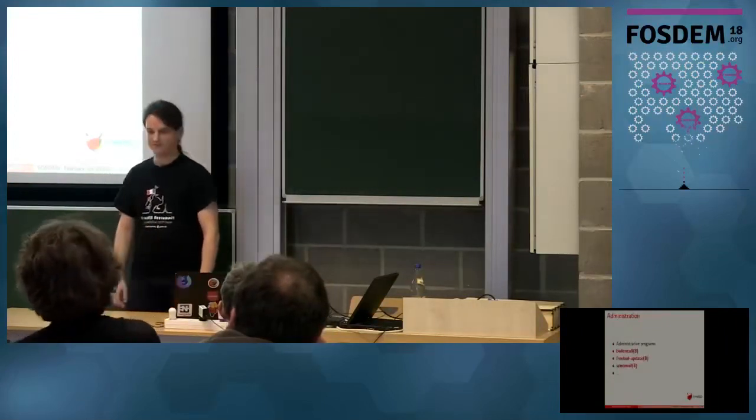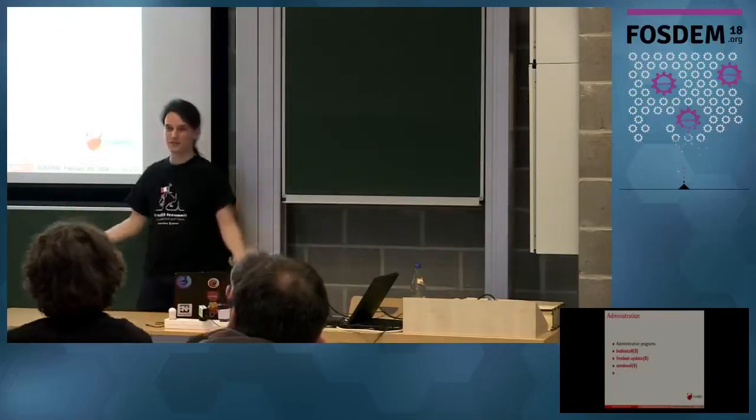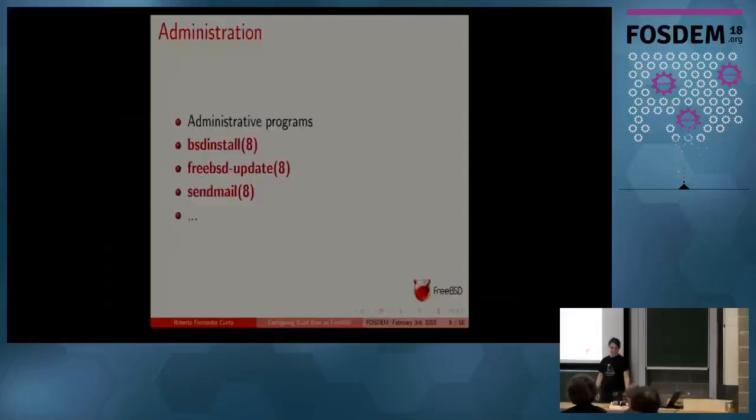Administration: administrative programs such as BSD install, FreeBSD update, sendmail. Curious thing, if you remove BSD install, you are not allowed to install the system. So for a release, you may not want to deactivate this option.